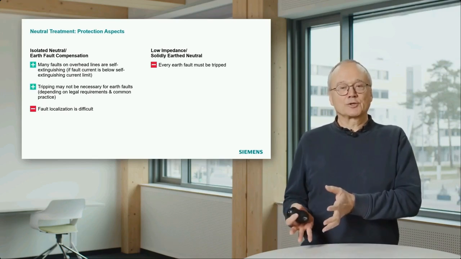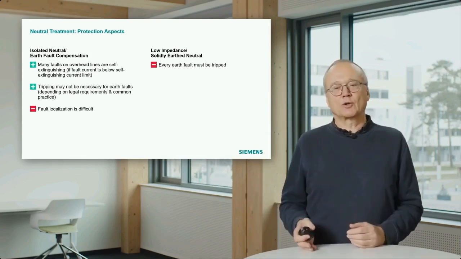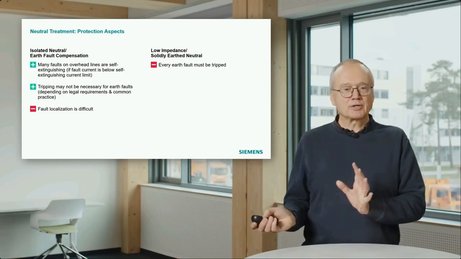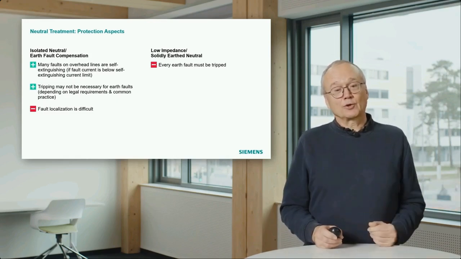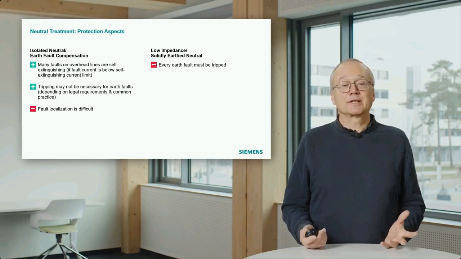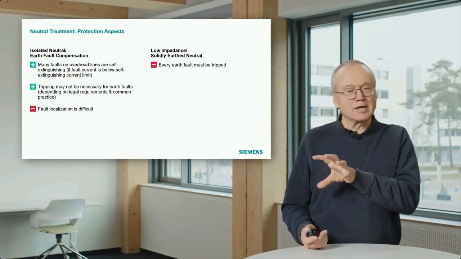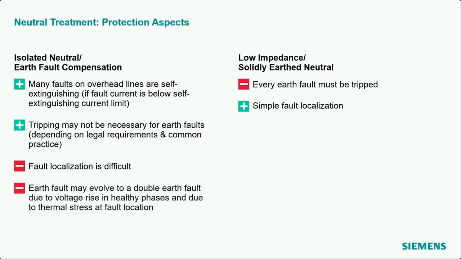If you have a solidly earth system, you find the fault with this concept, selectivity concept, with overcurrent or distance or with the differential protection. It's pretty easy, it goes automatically. In a system with earth fault compensation, we will see fault localization is not that easy, because these normal concepts you anyhow have for short circuits don't work. That means low impedance, it's easy. For earth fault compensation systems, it is difficult.